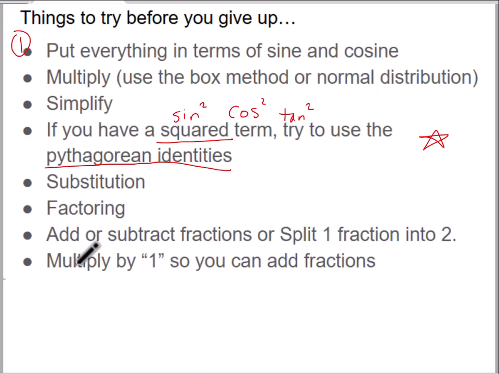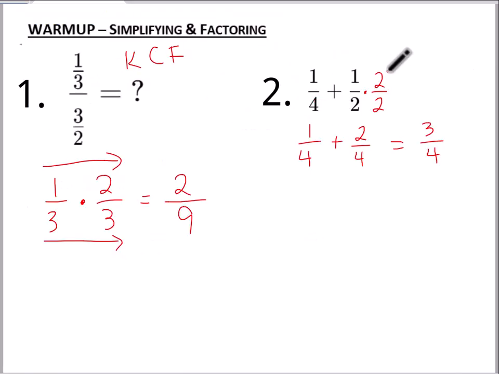And then multiply by 1 so that you can add those fractions. What I mean by that is, we multiplied by 2/2, which is really just 1. So we're multiplying by a 1, quote unquote, and that allows me to add these 2 fractions together.